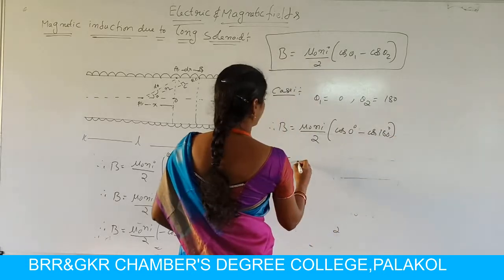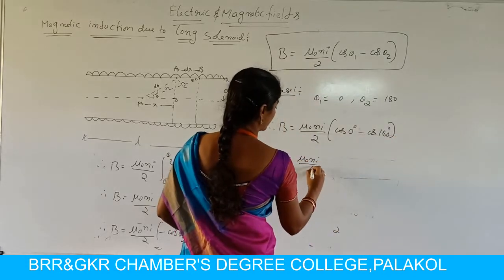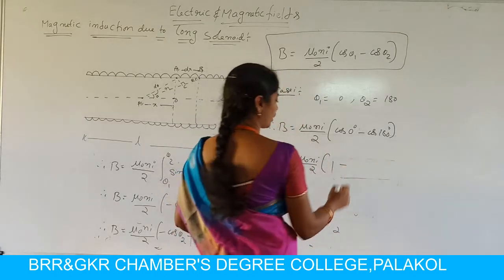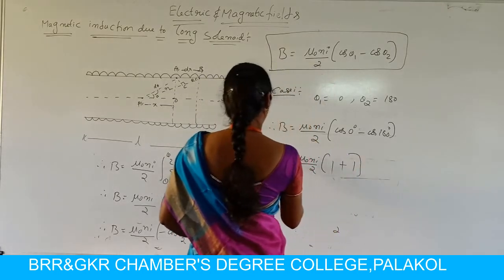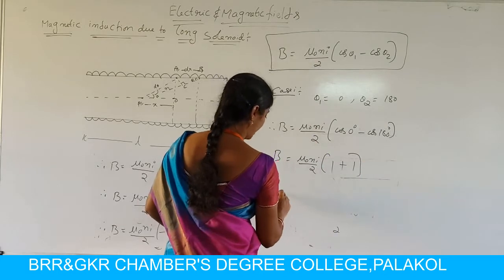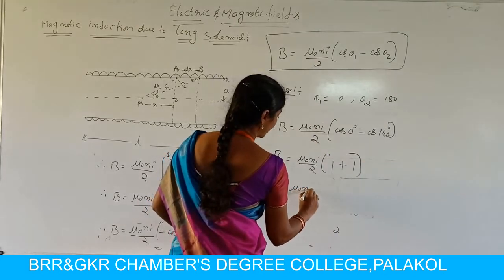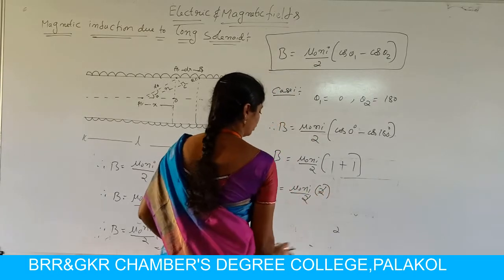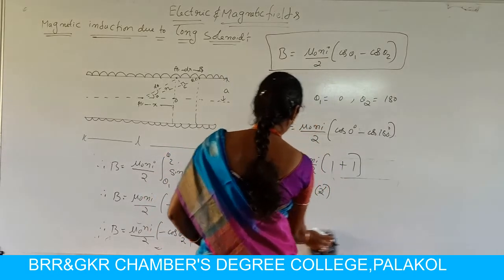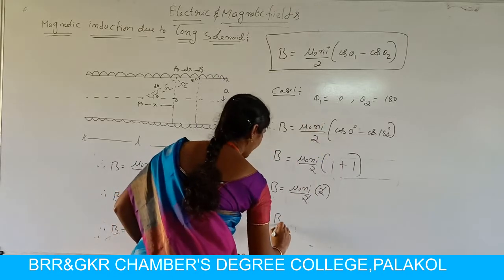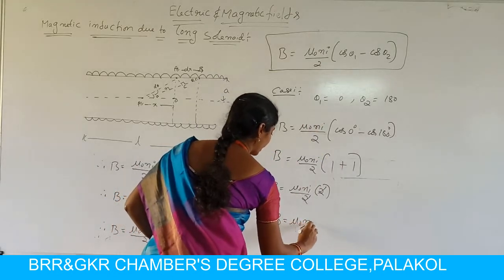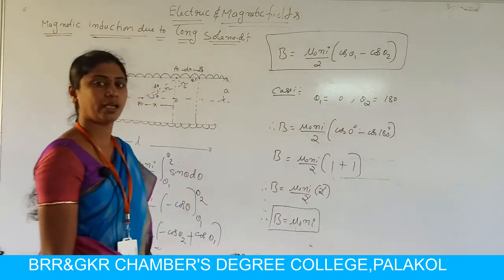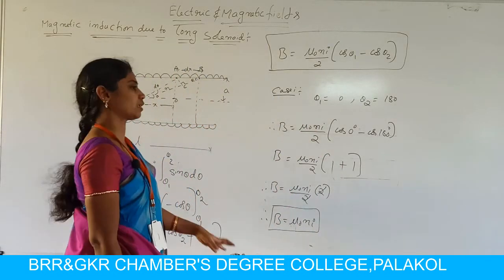The value of cos 0 degrees is 1 and cos 180 degrees is minus 1, minus of minus gives plus. Then B equals mu naught ni by 2 into 2. Cancelling the 2 in numerator and denominator, we have B equal to mu naught ni. This is the expression when we consider the point P inside on the axis.